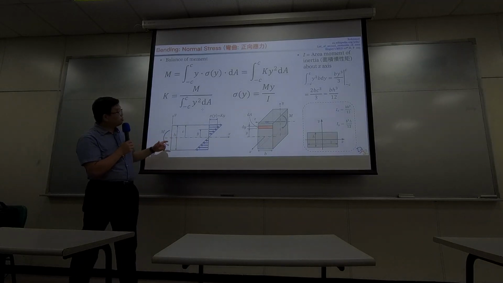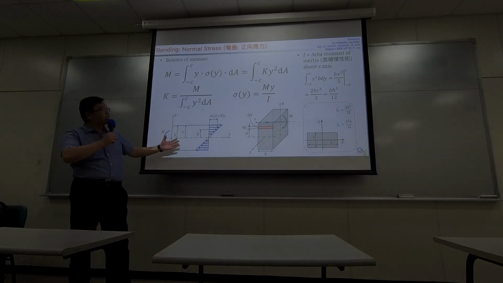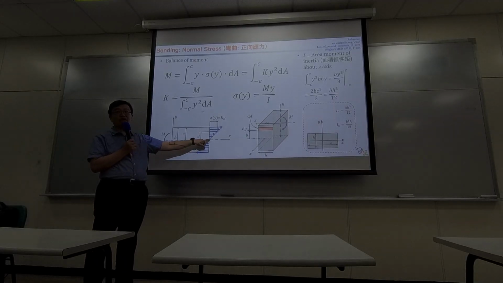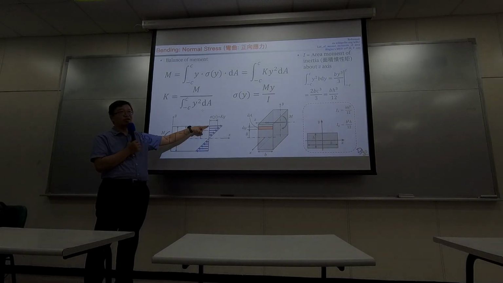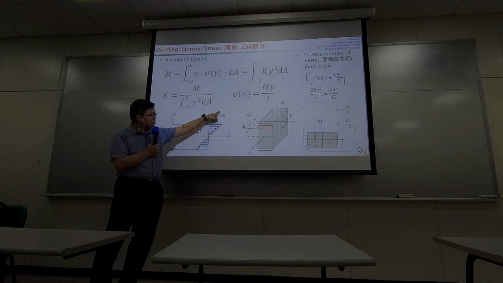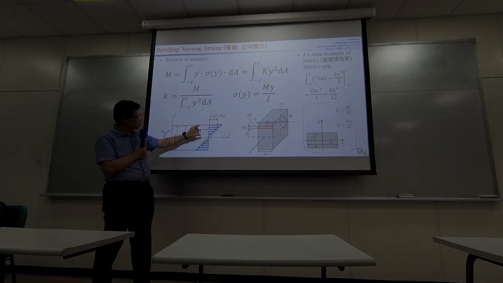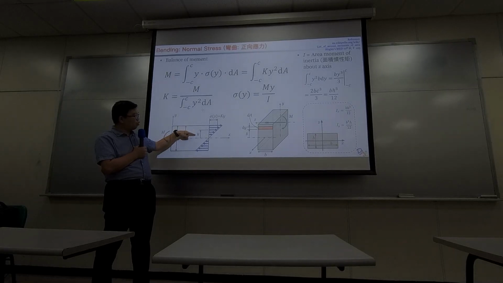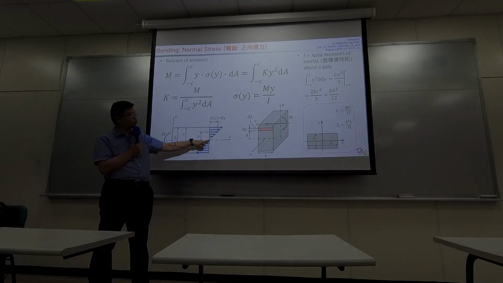We assume this distribution is linear because everything here is linear. So we assume we have zero stress here, and at the edge we have the strongest stress. It's a model where we assume the stress is K times the investigation point y right here. When y equals 0, you are right at the neutral point.